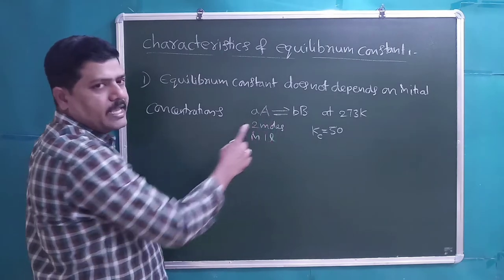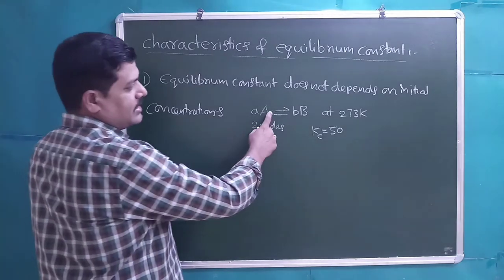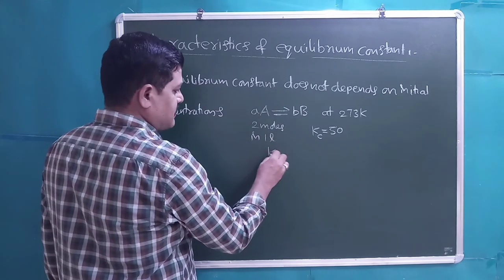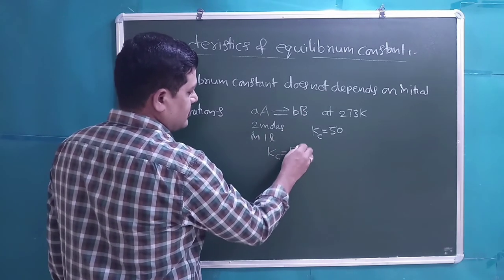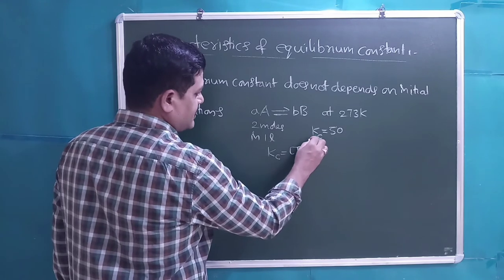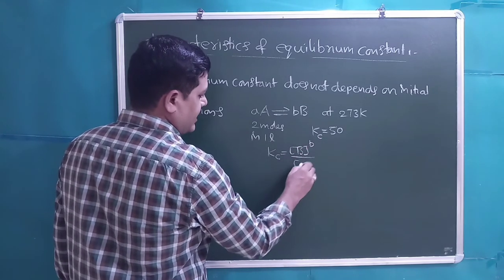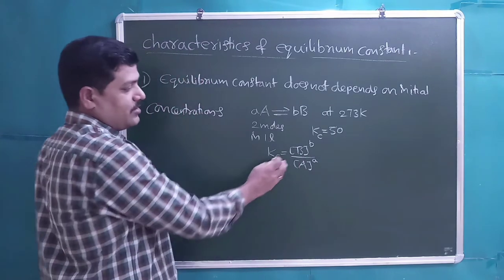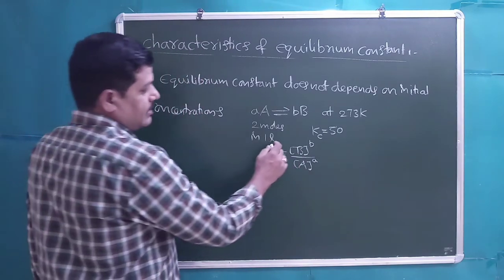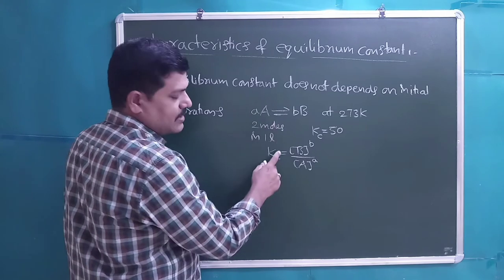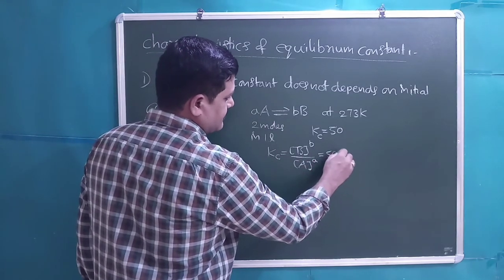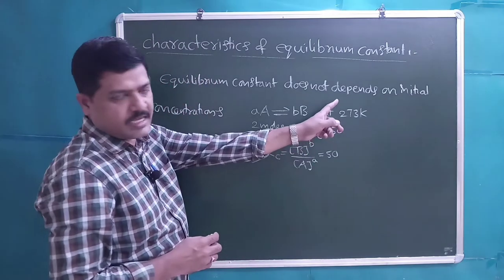Once equilibrium is attained, the expression for Kc is the active mass of B raised to its stoichiometric coefficient divided by the active mass of A raised to its stoichiometric coefficient. This gives the value 50 at 273 Kelvin.